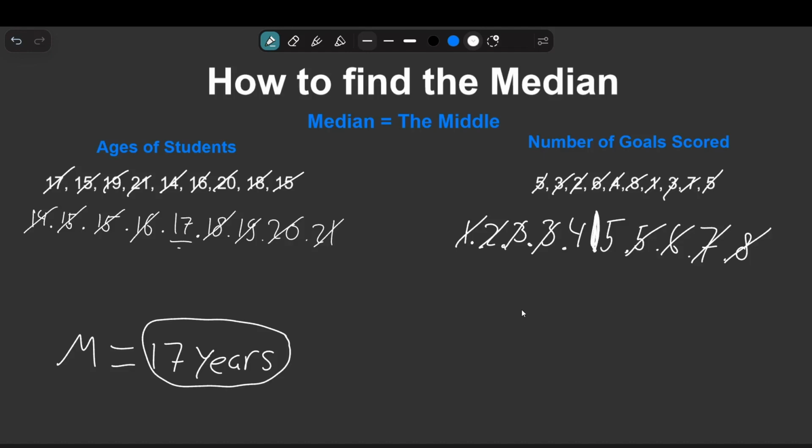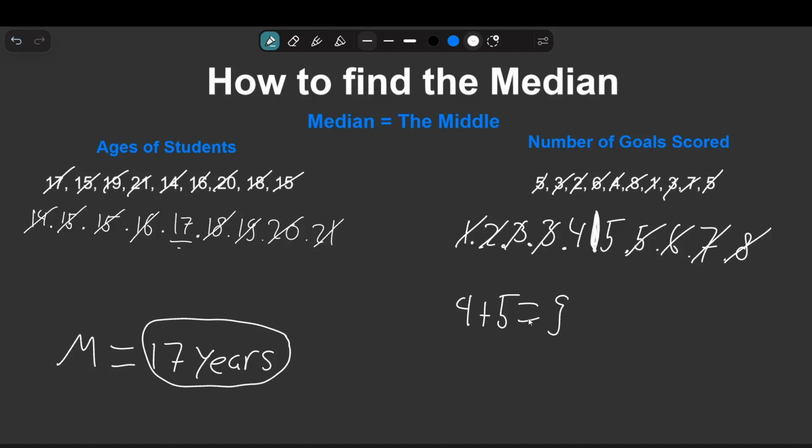To find the middle of these two numbers, we have to do a little addition and division. So what we do with these two numbers, we add them together. 4 plus 5 equals 9. Now this won't be your final answer because that wouldn't make any sense because it has to be in the middle of these two numbers.